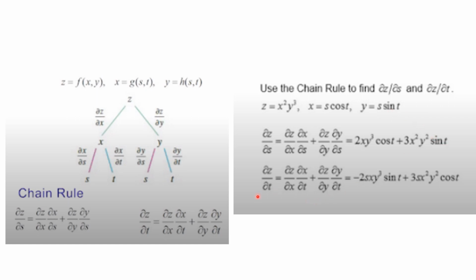And similarly, down the other branch, we're going to find that the partial of z with respect to t is going to be minus 2sxy cubed sine of t plus 3sx squared y squared cosine of t. Make sure you understand this example.